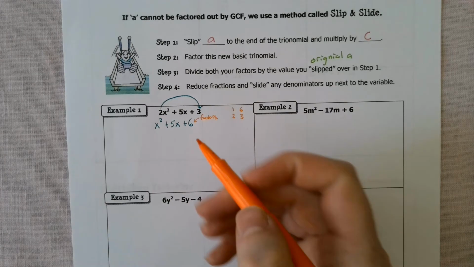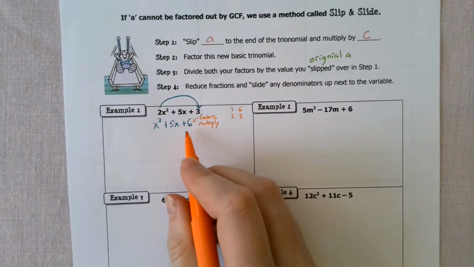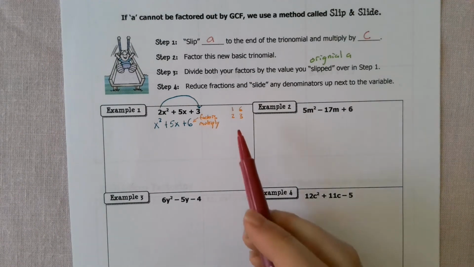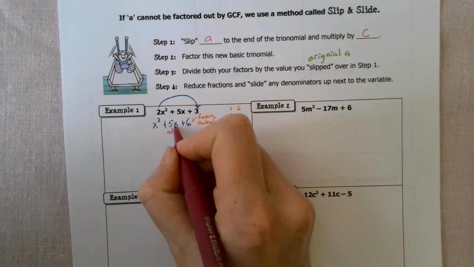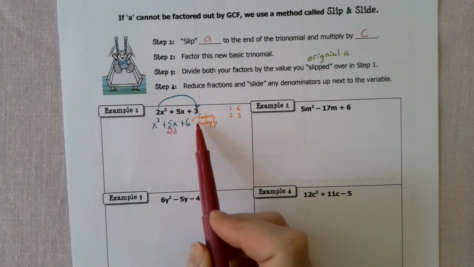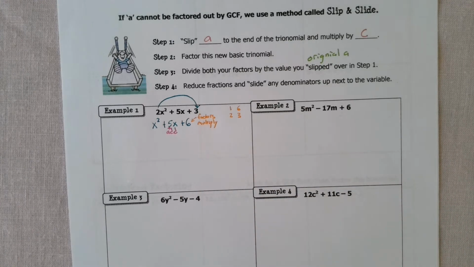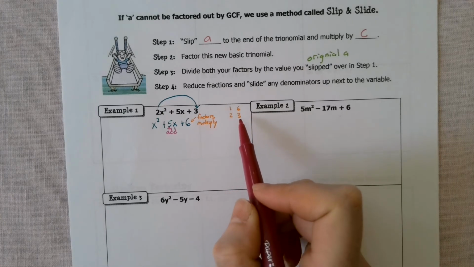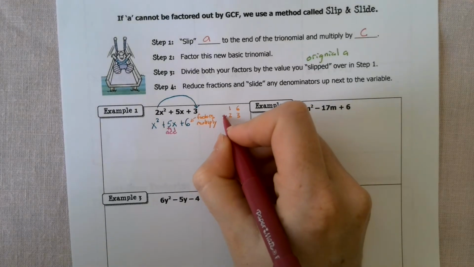So we want them to multiply to give us 6, and then we're going to look at our factors and see which ones are going to add to give us 5. All right, so we want the numbers that are going to multiply to give us this number and add to give us this number, and that will always hold true. All right, so 6 plus 1 will give us 7. 3 plus 2 will give us 5. There we go. So we want this one.